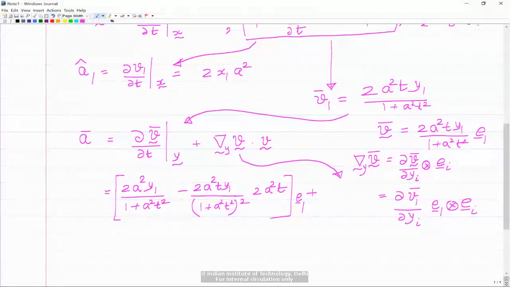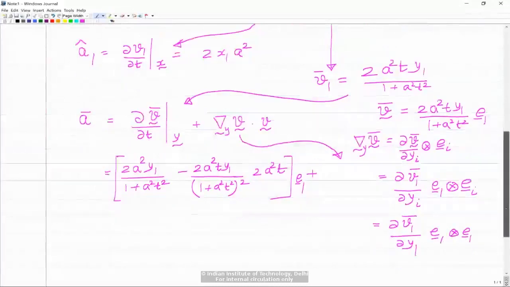It does not depend on y2 and y3 in this particular case. So this is also then equal to del v1 bar over del y1 of e1 tensor product e1, isn't it?